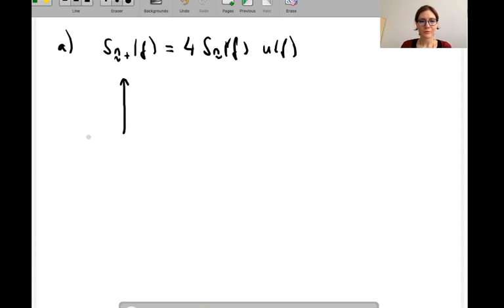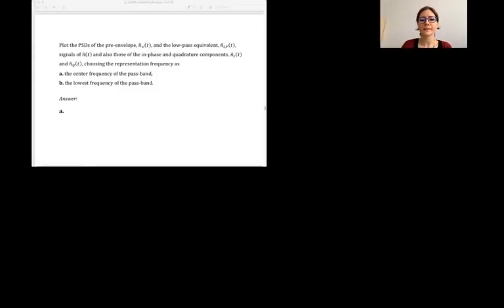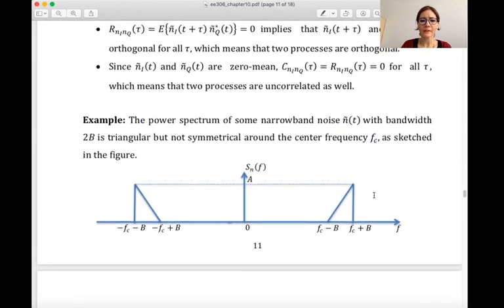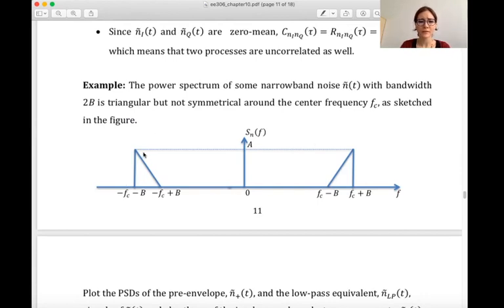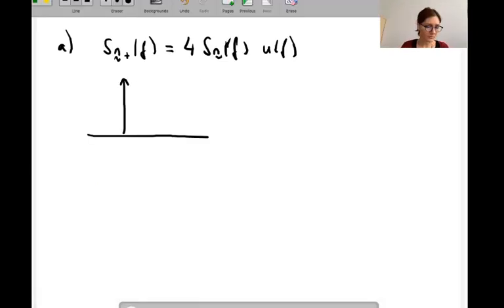So what this means is very simply we take this PSD, we suppress the left part, we take only the right part, and we don't forget the amplification factor of 4, and that's it. So just copy the same shape. So the spectrum is between Fc minus B, so the midpoint is here, and then Fc plus B in here, so you have this triangular shape like this.